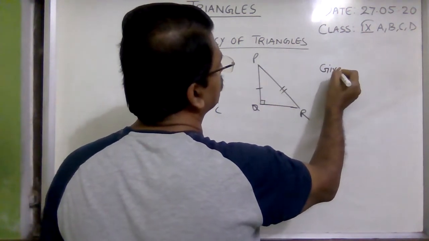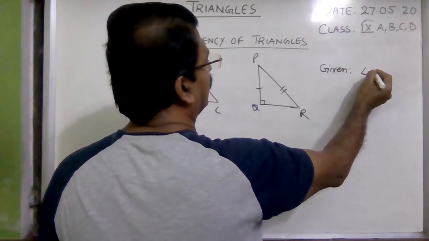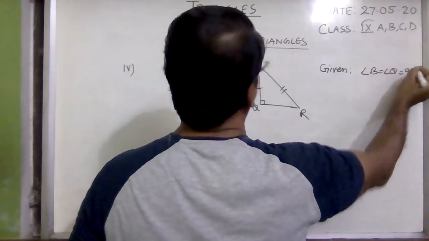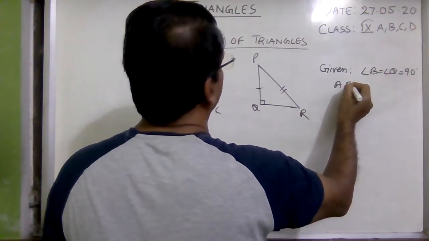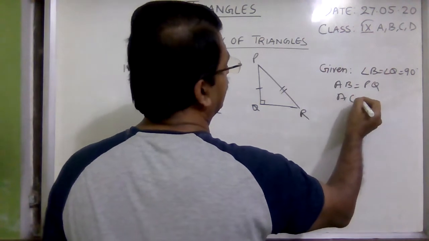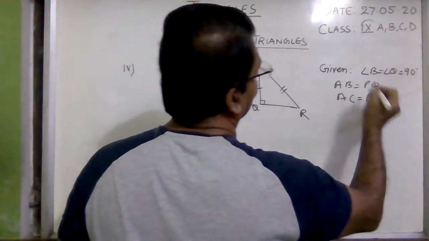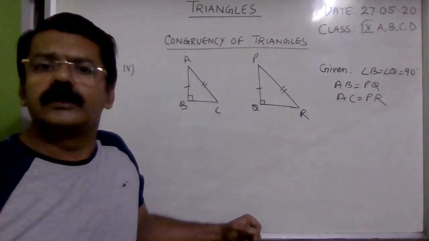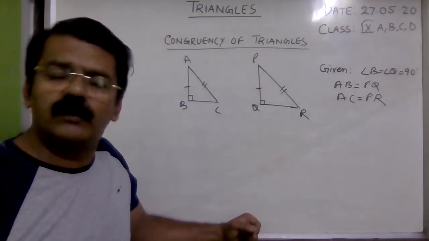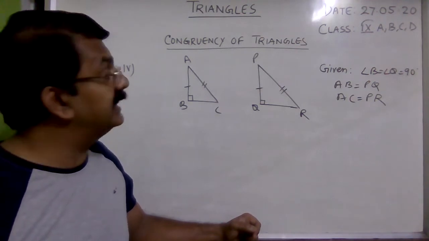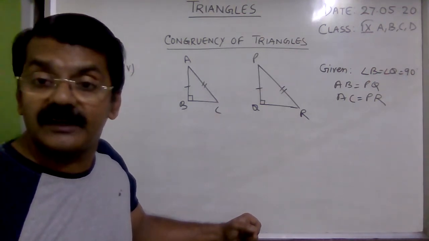Given angle B is equal to angle Q is equal to 90 degrees, AB is equal to PQ and AC is equal to PR. Now see, here two corresponding sides and one angle are given equal. So can we say that these two triangles are congruent?